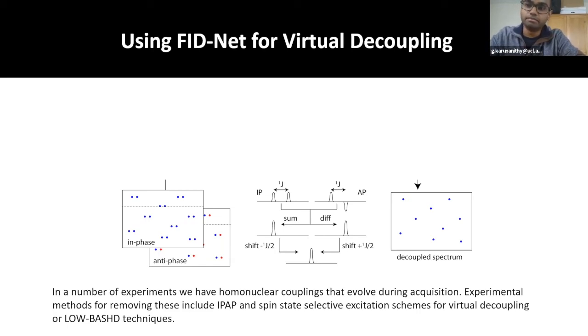So usually what you do is something like an IPAP, where you record two spectra, an in-phase and anti-phase, and then you take linear combinations to get your final spectrum.